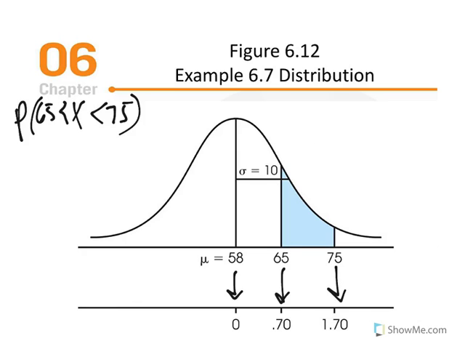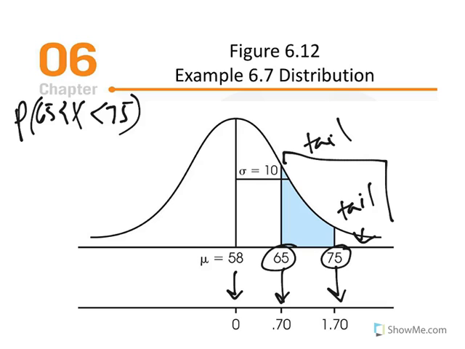Well, if we use our understanding of the characteristics of a normal distribution, one way that we can approach this is to recognize that from here to here would be the tail for the score of 65. And this unshaded area would also be the tail, but in relation to this value. So we could find the proportion, the tail, that's greater than 65, and then recognize it includes this area of interest, the blue area, and it also includes this unshaded area that we're not interested in.